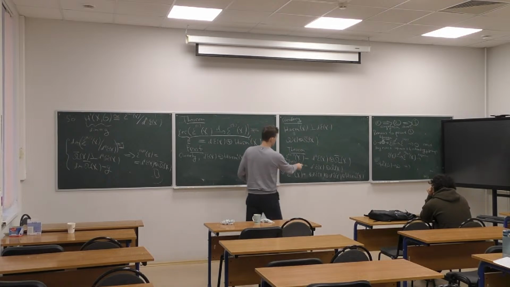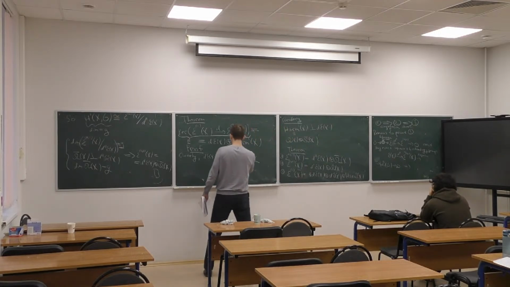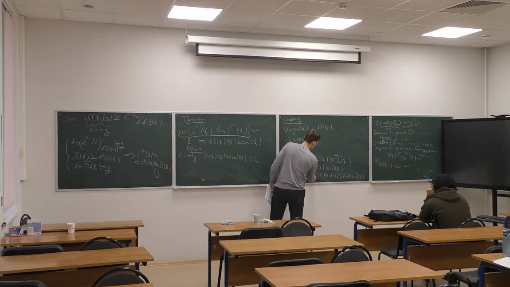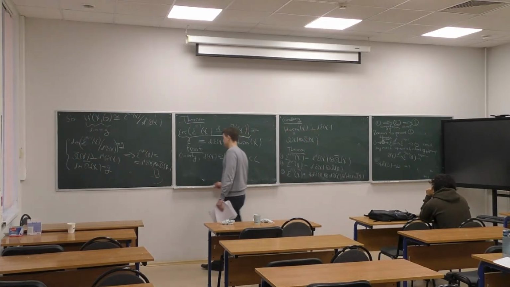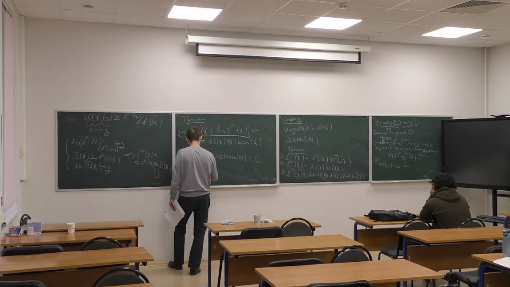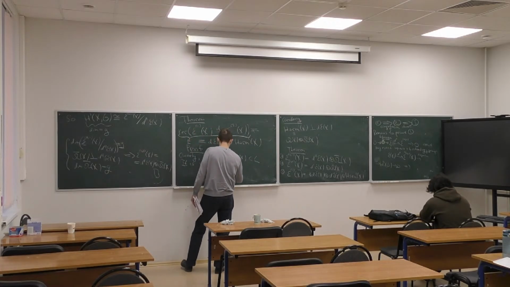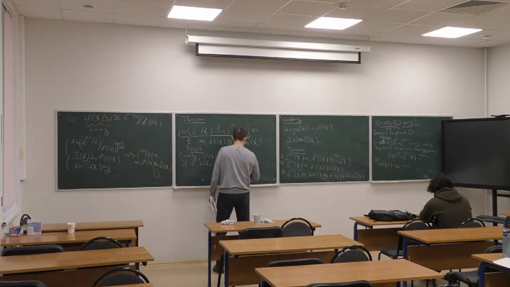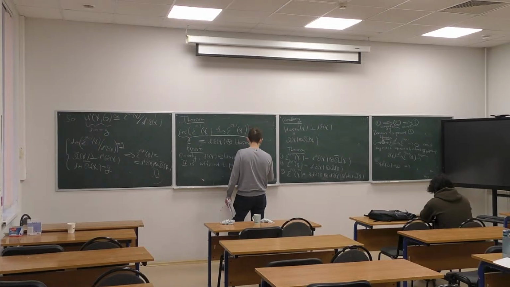And then, if you want to prove that the kernel is equal to this guy, it is sufficient to prove that the kernel is orthogonal to this one. So it is sufficient to prove that star D is orthogonal to the kernel.